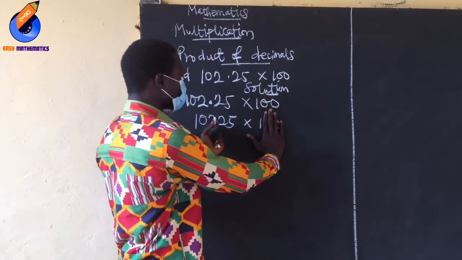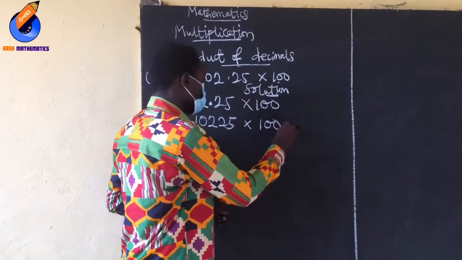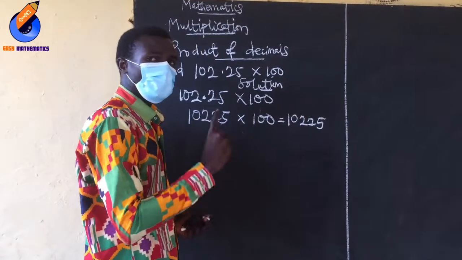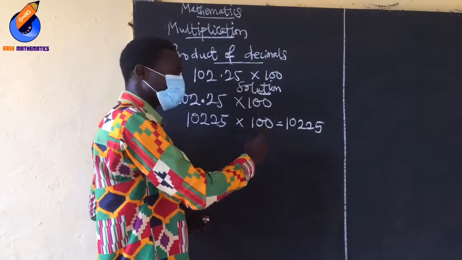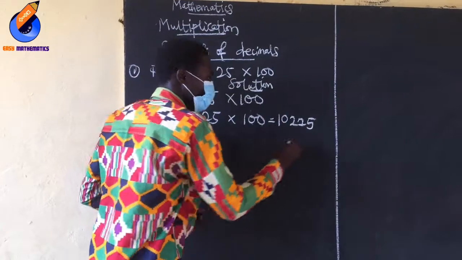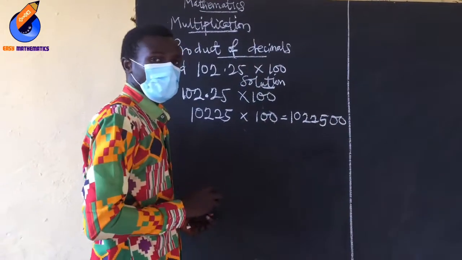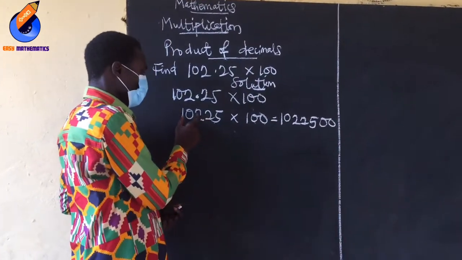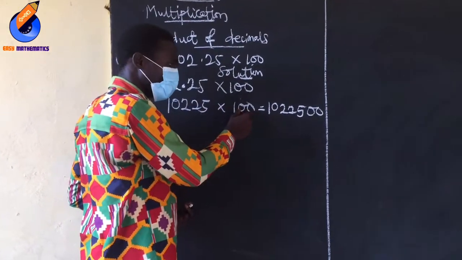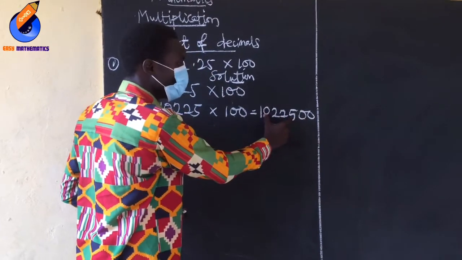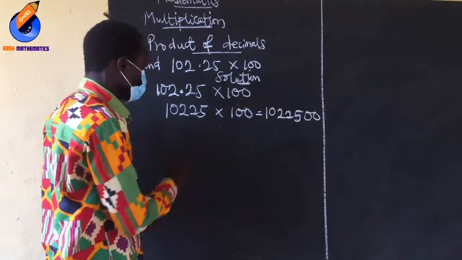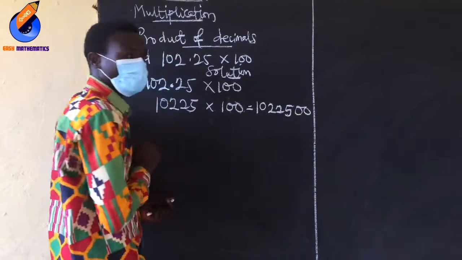So if I multiply this number times 1, I am going to get the same number. But remember that the number wasn't 1, the number was 100. And we covered 2 zeros. So these 2 zeros, we will write them here, showing that 10,225 times 100 will give me 1,022,500.